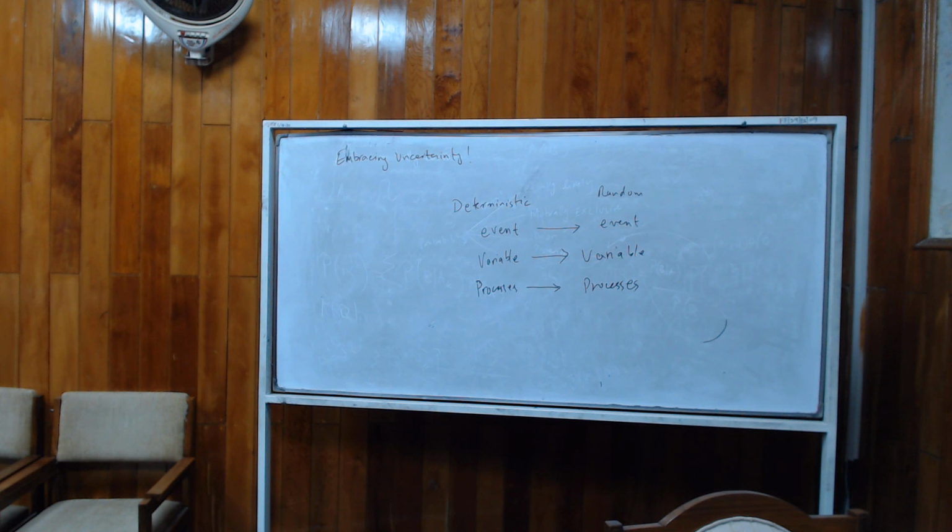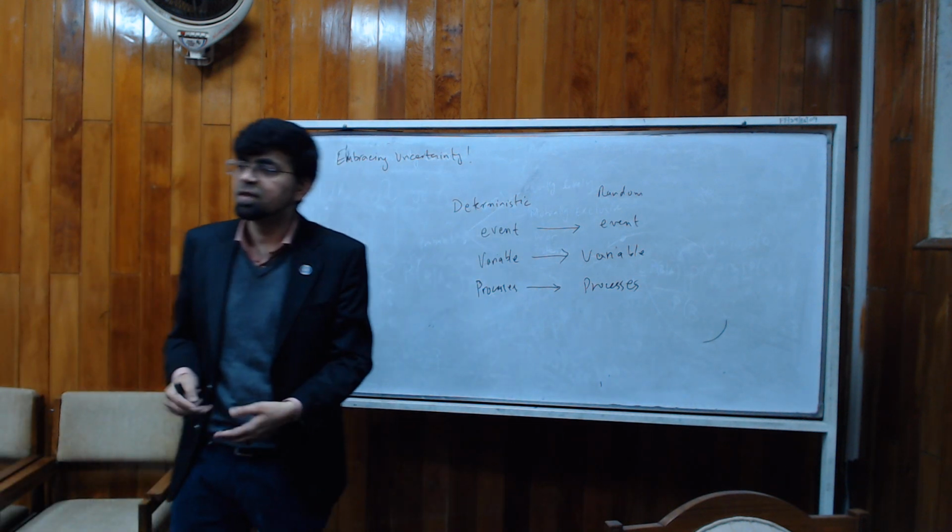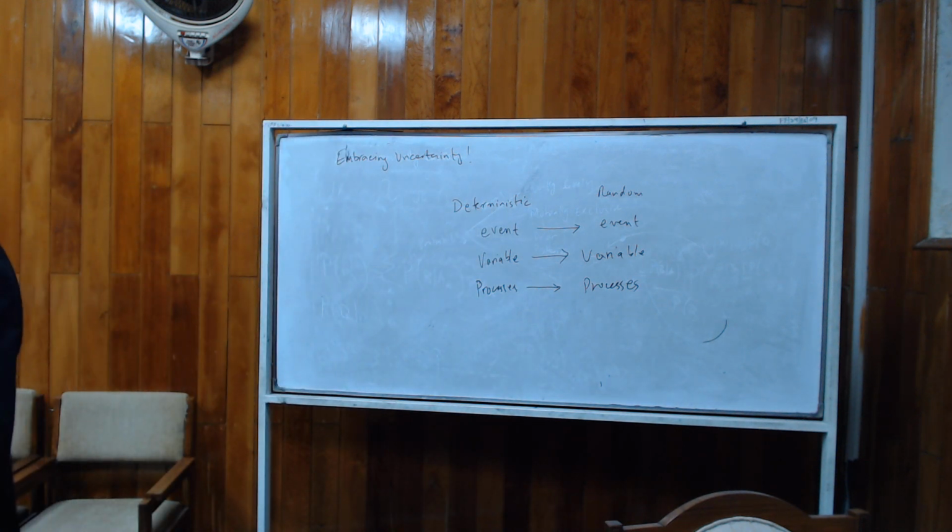You have to bring in uncertainty, and then work with it. We're not just saying that we'll make it uncertain and leave it. We have to design some solution that works within the uncertainty. It doesn't fail.